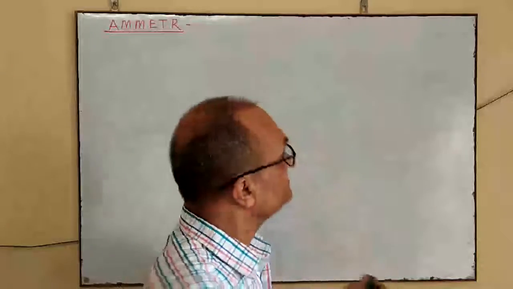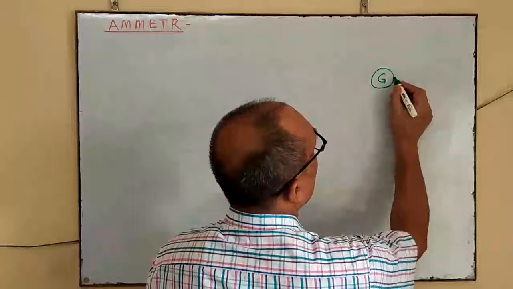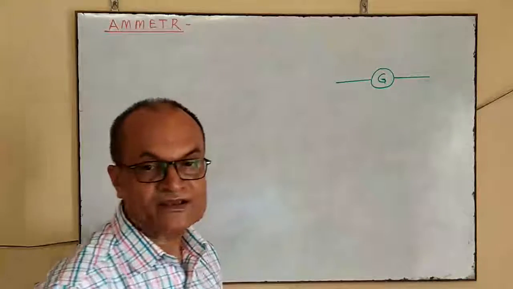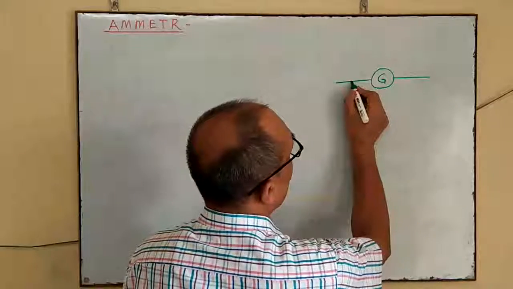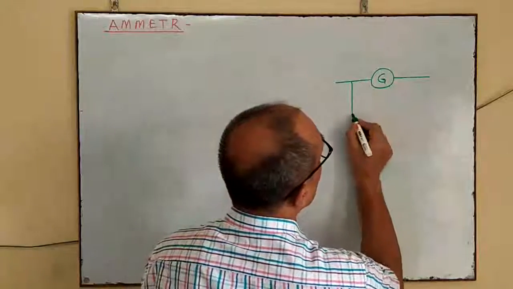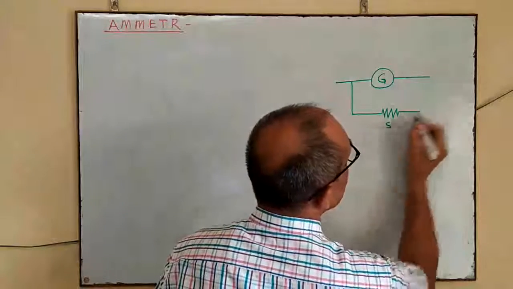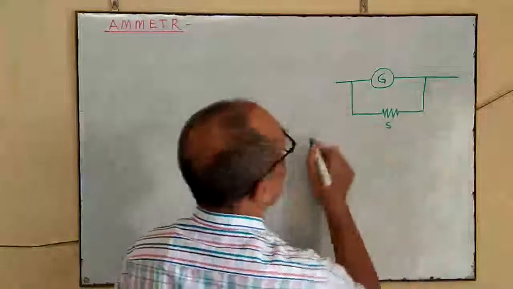We will see here, this is the galvanometer and a resistor of low resistance, the shunt, is connected in parallel here.